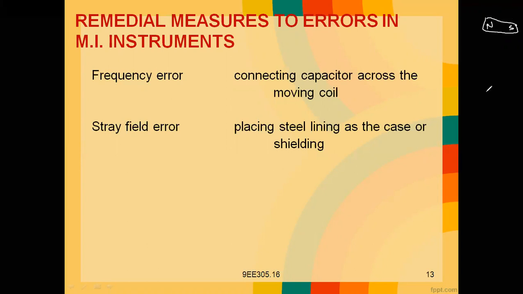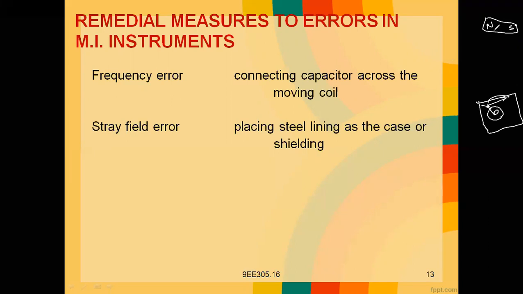And here I have my small MI instrument. In this MI instrument, I'll have a coil and a vane and all. This is my pointer. It will show some readings.